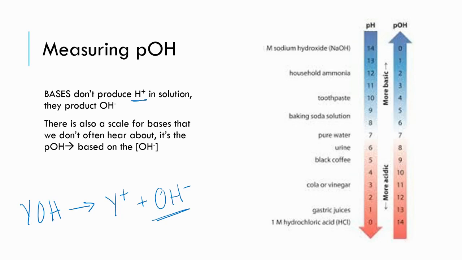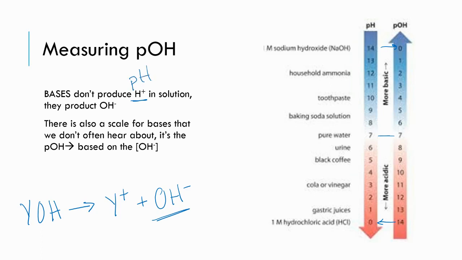And we can see that it is literally the opposite. So 14 on the pH scale is 0 on the pOH scale, and then 14 on pOH is 0 on the pH scale. And then of course 7 is still that neutral point. That's kind of where it flips. So again, bases don't produce those H plus ions. pH is about H plus.